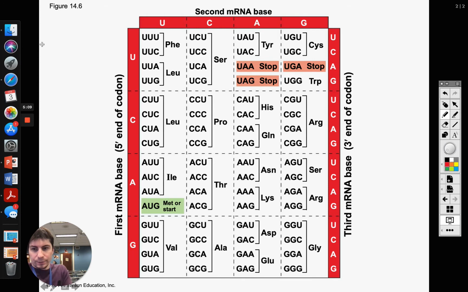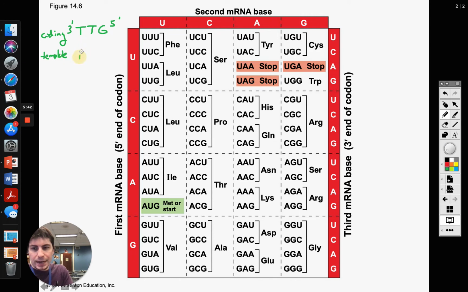All right, let's do something a little bit harder here. Let's say our coding DNA is T, T, G, and let's say this here is 3' and 5'. This is where things get a little tricky. For our coding strand, we first have to go to our template strand of DNA.